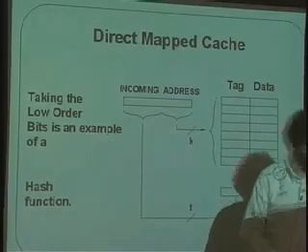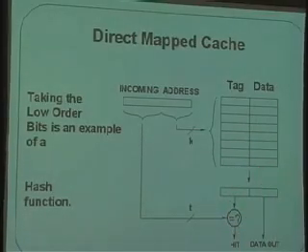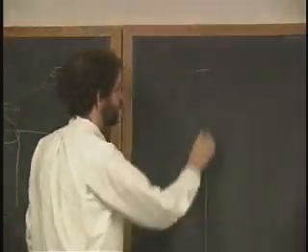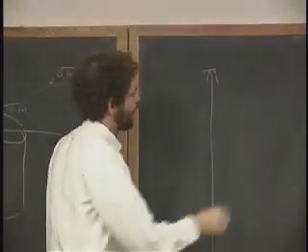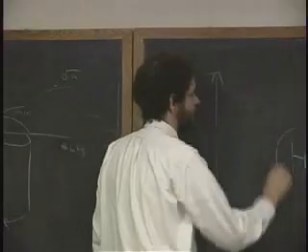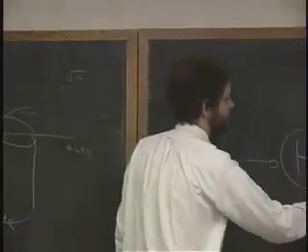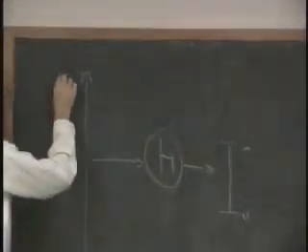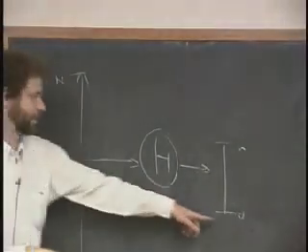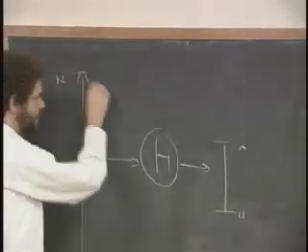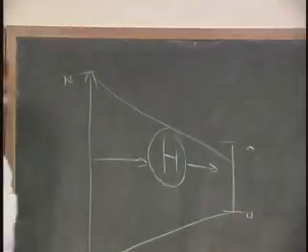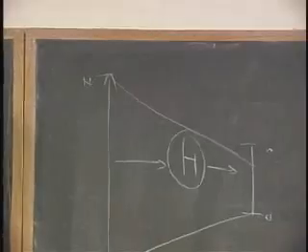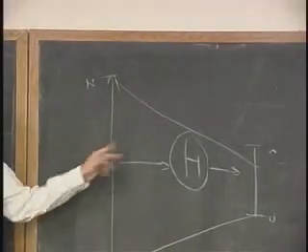A hash function is a way of taking an input data value, which can range anywhere from a low number all the way up to a very big number, and putting it through a hash function h that compresses it into a smaller range. So from 0 to big N all the way to 0 to small n. And a good hash function will mix up the data at the same time.